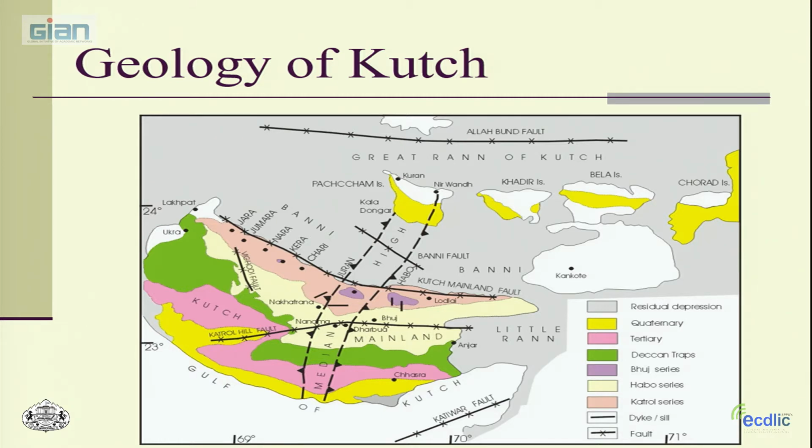And then you can see a number of dots: Jara, Jumara, then Kira, Chari, Habo. These are all called dome structures. So there is ultramafic or mafic material which has uplifted the portion there.